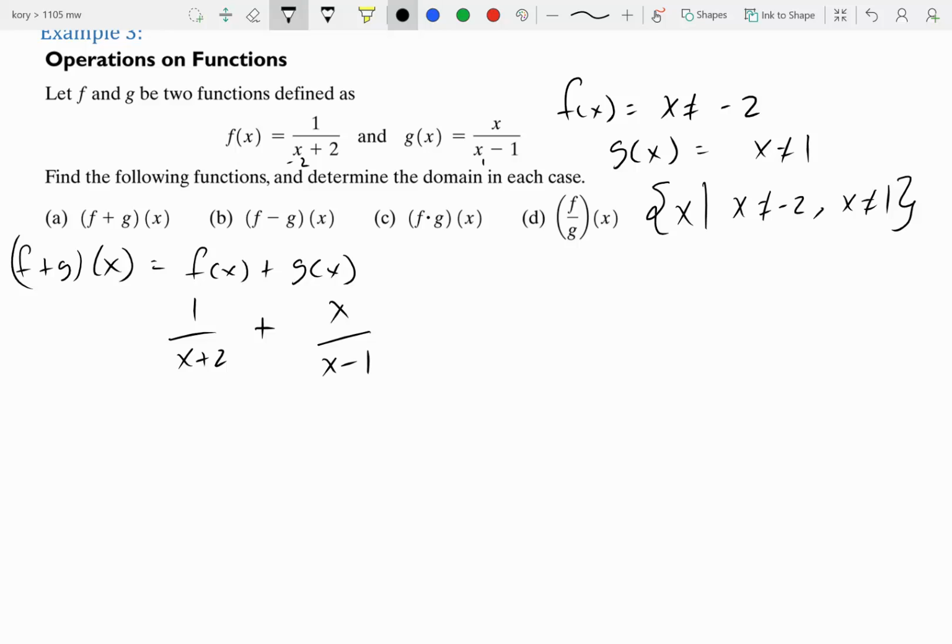Since we're adding fractions, if you have trouble with adding fractions like this, because there are rational expressions, that means variables on the bottom, there's a video for it, and that's in chapter 6. It's adding and subtracting rational expressions. All you need to do is get the common denominator, and 9 out of 10 times you just multiply them together.